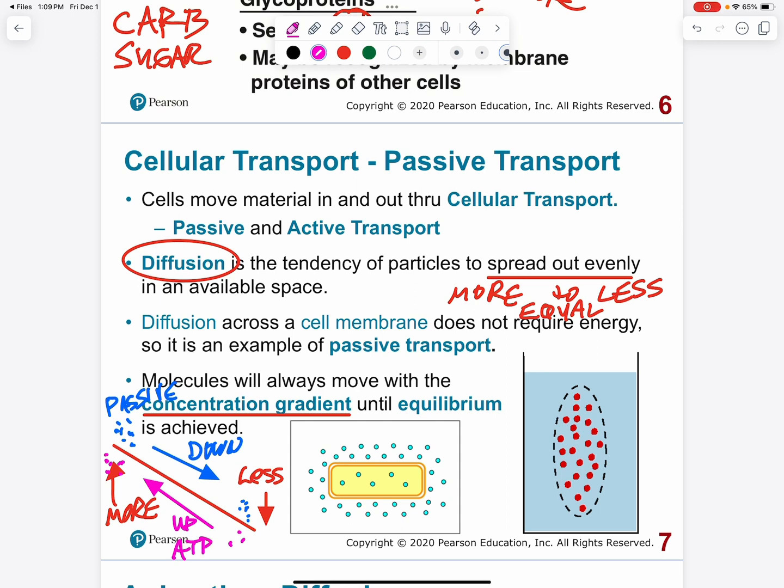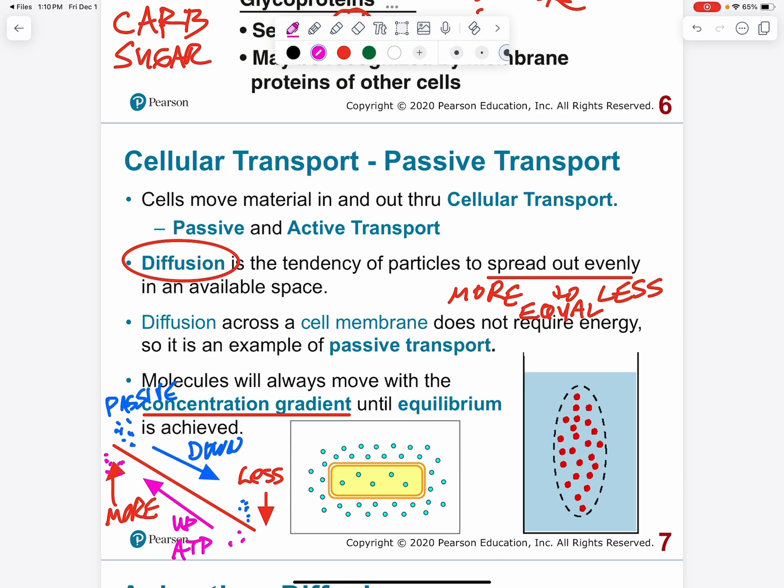This requires energy in the form of ATP. It's kind of a shorthand. You'll hear this discussed as a concentration gradient, more and less on either ends. If you are going from where there's more to where there's less, this happens in nature all the time. It's diffusion. That's going down the concentration gradient.